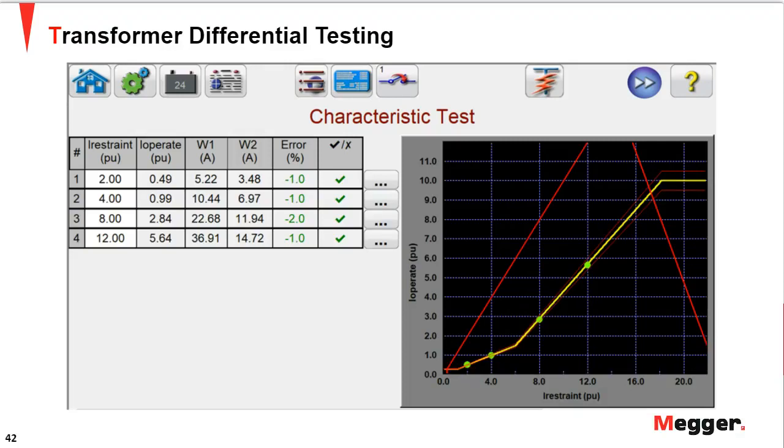So for every point, what we're doing is we're injecting a set of currents on winding 1 and 2, such that obviously the operate current is higher than restrained by this factor of slope, which is 25% in this case, right? So the moment we ramp the current such that the operate quantity goes higher than the slope, the relay trips on differential. And the same test is repeated for multiple points here on the plot.